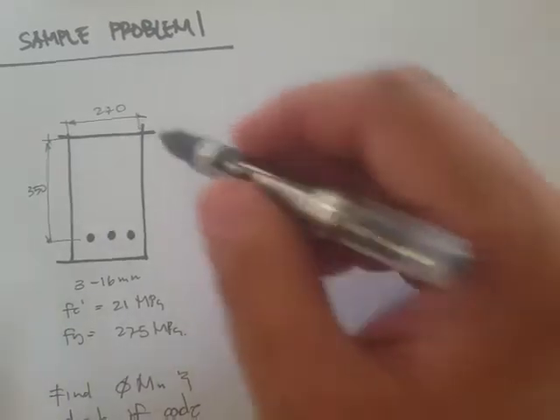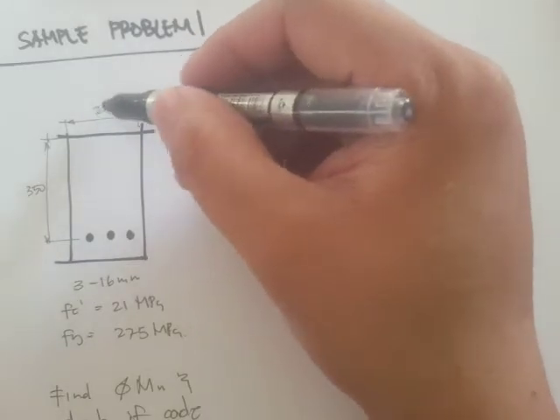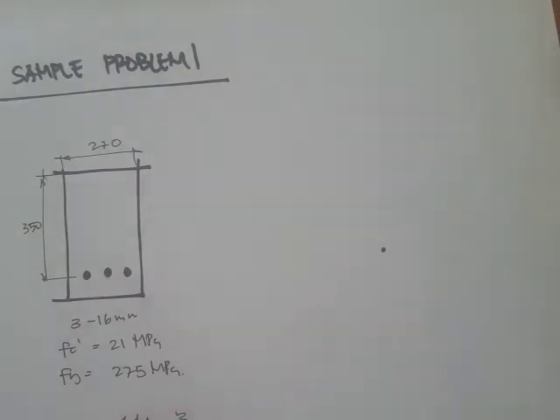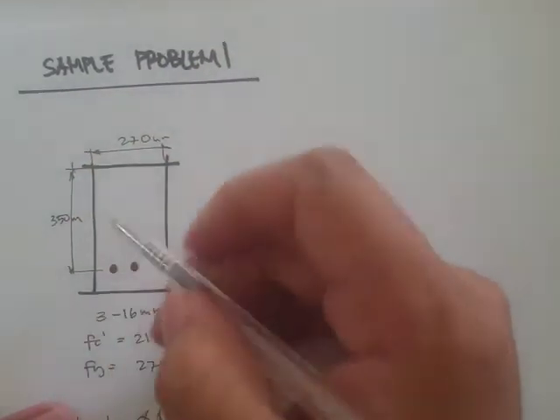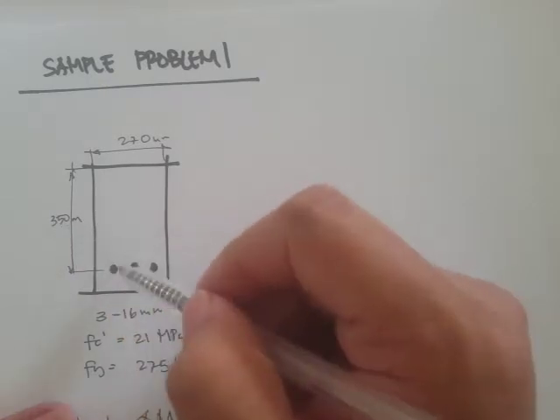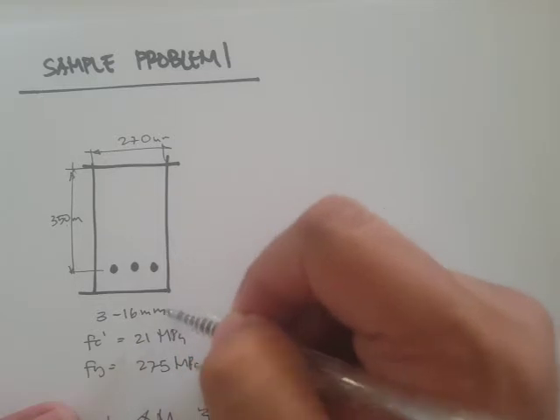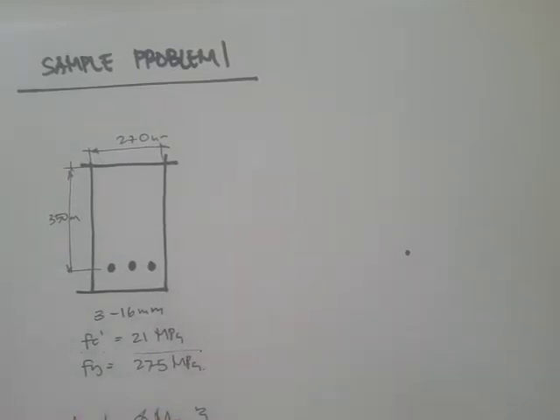Okay, so the beam has this geometry. The beam width is 270 mm, and the effective depth is 350 mm, and it's reinforced with 3-16 mm rebars. The f'c, that's the compressive strength of concrete, is 21 megapascals, and the fy is 275 megapascals.